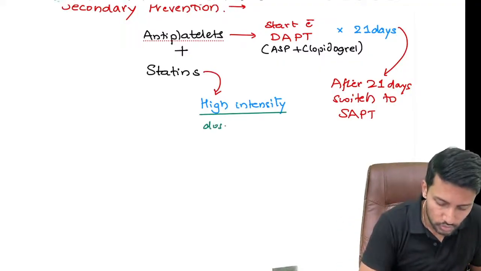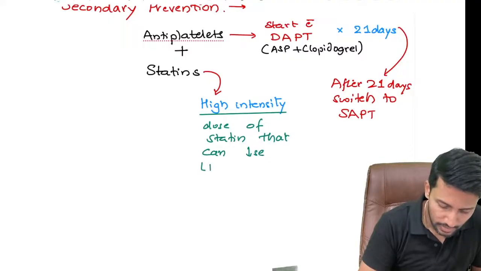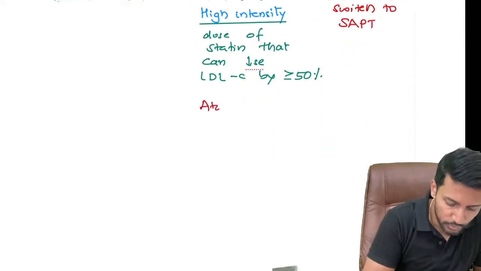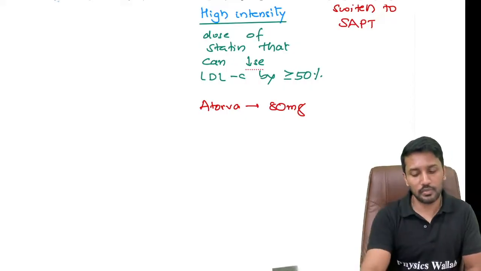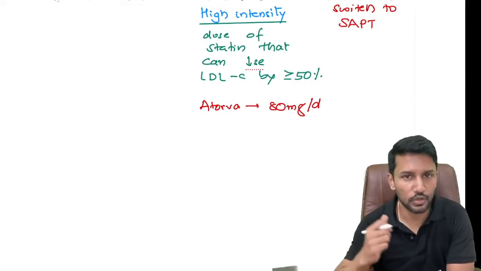So, a dose of a statin that can reduce LDL cholesterol by more than or equal to 50%. If I have to give you an example, if I'm using atorvastatin, then it requires around 80 milligrams per day to reduce your LDL cholesterol by more than or equal to 50%.